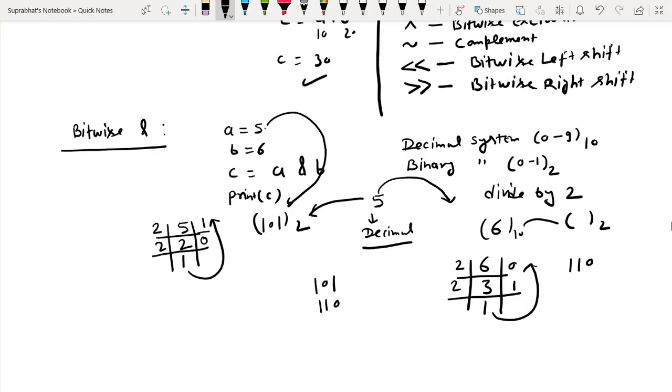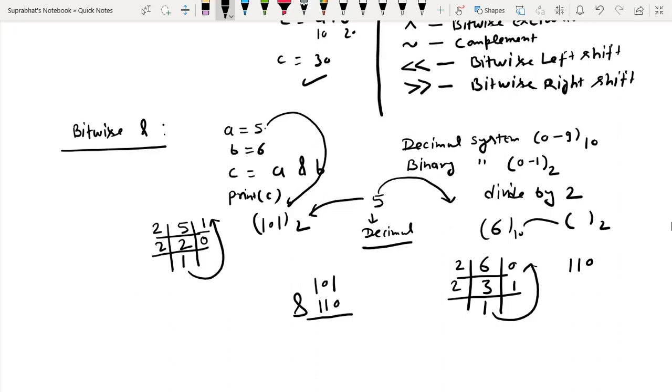Now which operator? This is bitwise AND. Actually the AND operator works like the logical operator. In logic it works the same as logical AND. We had already discussed in logical AND, हमने पहले ही डिस्कस किया था लॉजिकल एंड में, that when both bits are 1, then only its value is 1.